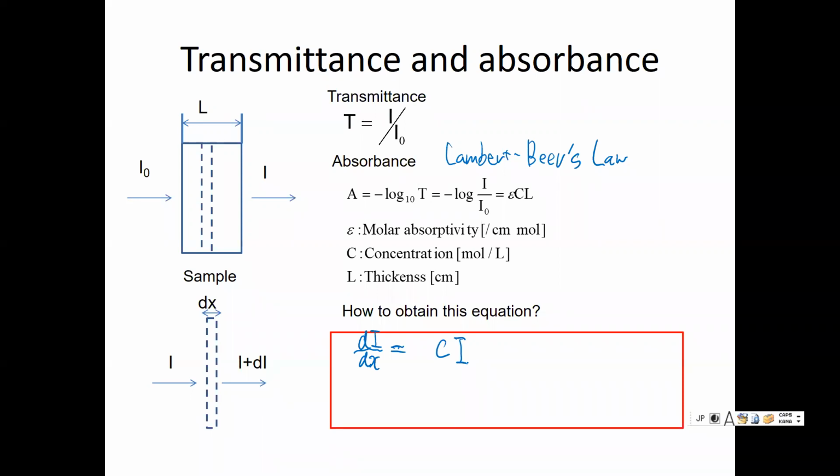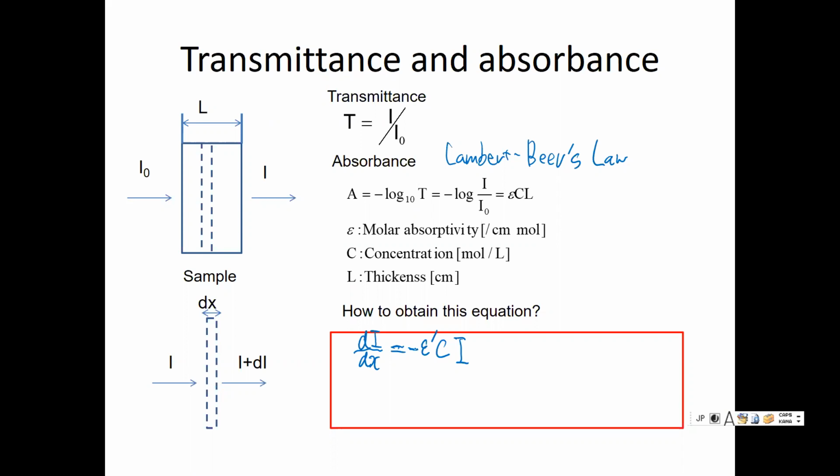And the other thing is epsilon prime, which is a proportionality constant. I just mentioned this one is epsilon prime, not epsilon. I will give you the reason later on. And also, because light is absorbed, this is a decreasing function, so you need to have a minus.